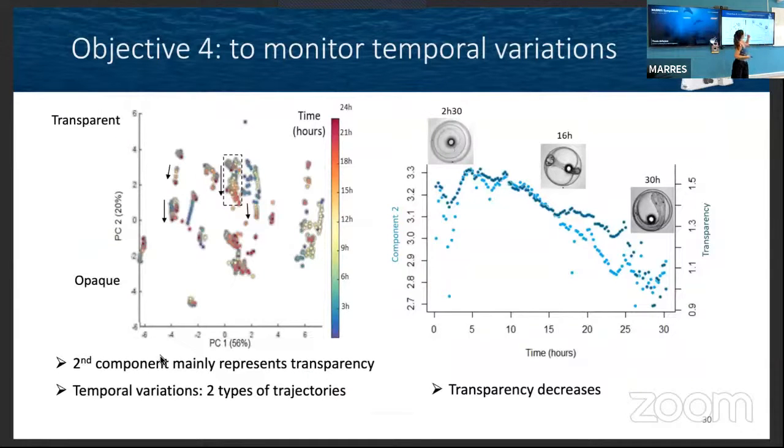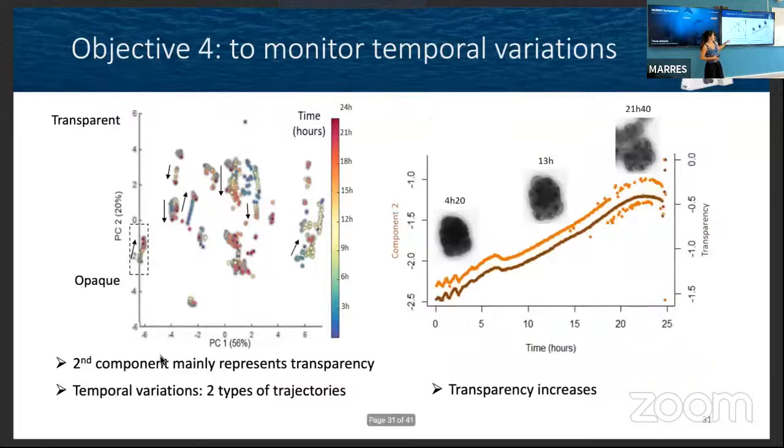So this is a first trajectory of our data, from a transparent state to a less transparent state. But we also observe another variation in another direction, going from an opaque state to a more transparent one. This is the case, for example, in some arthropods, which start very opaque and dark, but just before hatching, they become transparent.